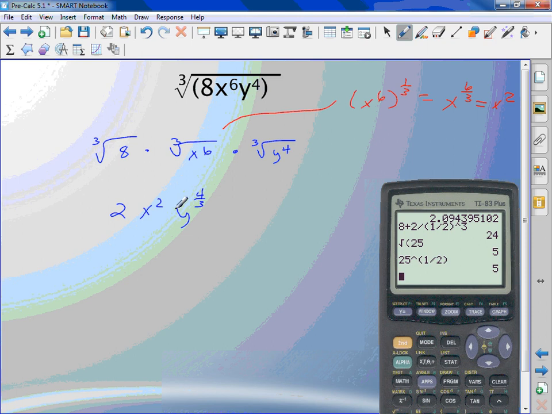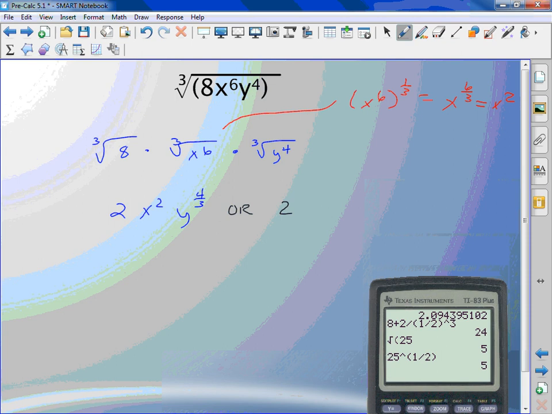Another way I could have written this: 2 means 2. X squared means x squared. Another way I can write y to the 4/3 is the cube root of y to the 4th. The numerator stays with the variable.